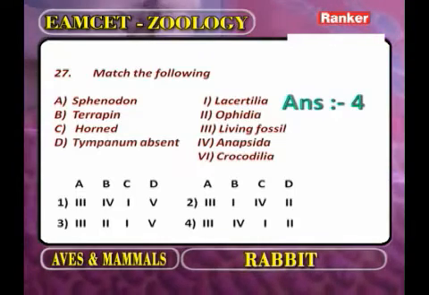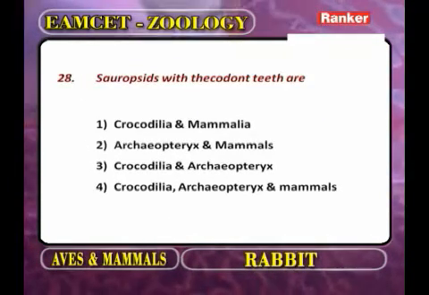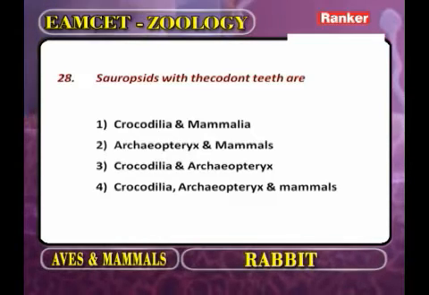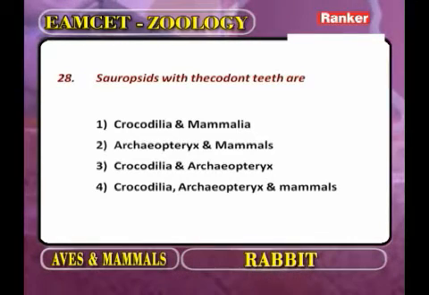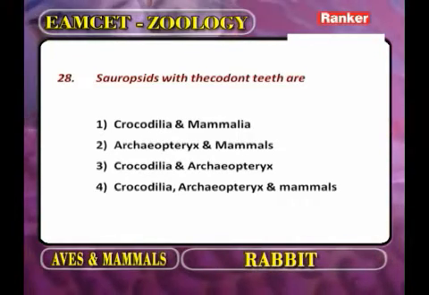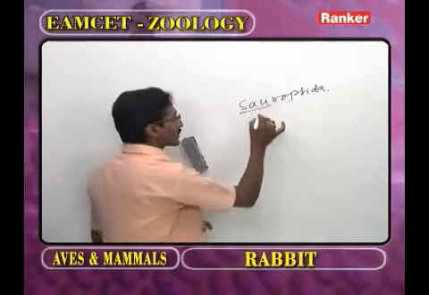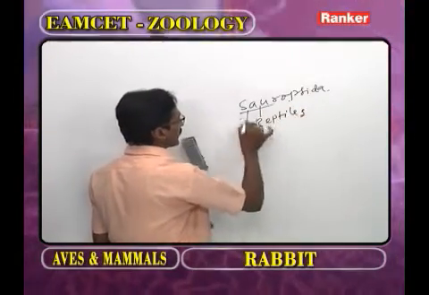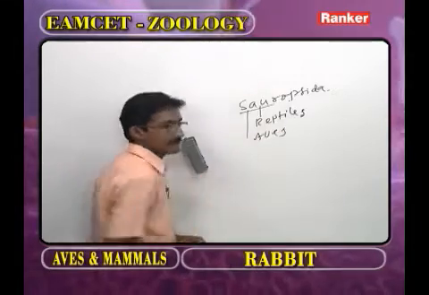Now we go for the next question. Now we discuss Sauropsids. Now what are the Sauropsida? It is a group. In this group, what are present? The reptiles and aves.